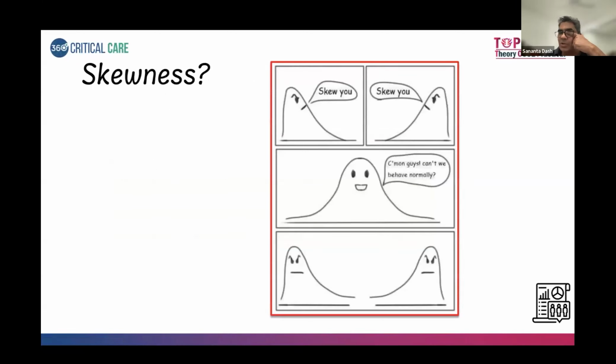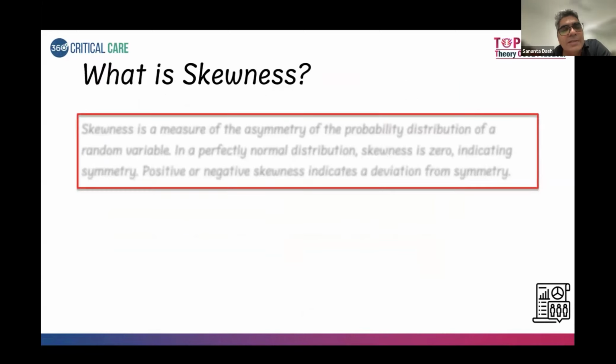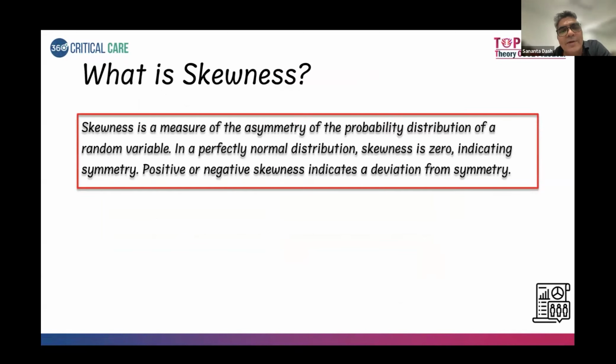Now, everything is not normal, and researchers will encounter data sets which are not normally distributed. This is called skewed data. Skewness is a measure of asymmetry of the probability distribution of a random variable. In a perfectly normal distribution, skewness is 0.